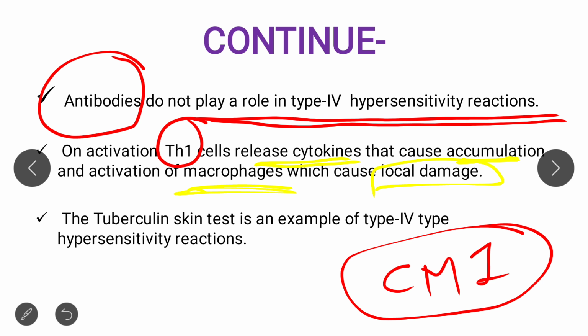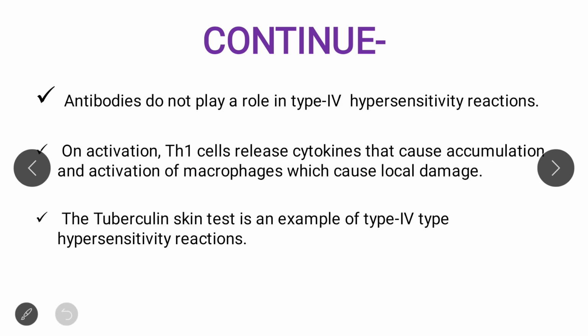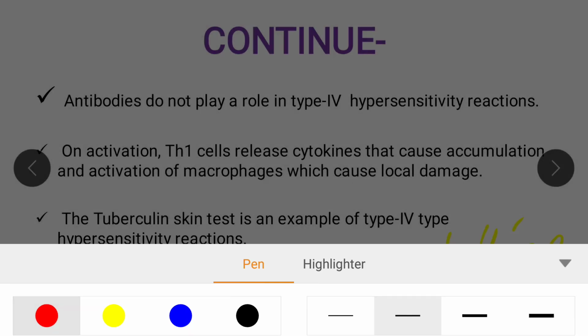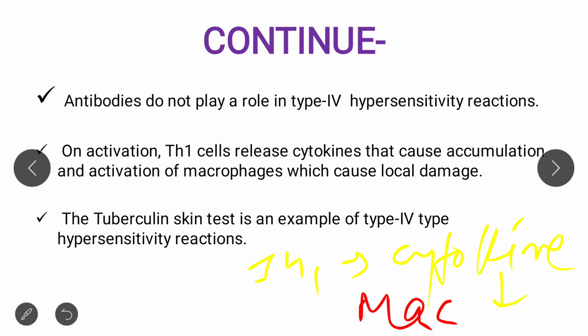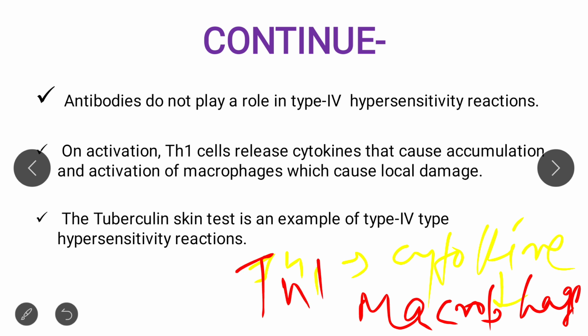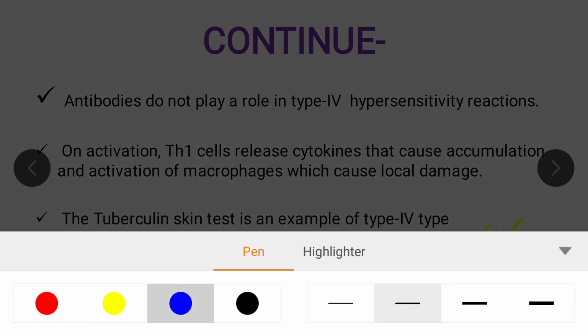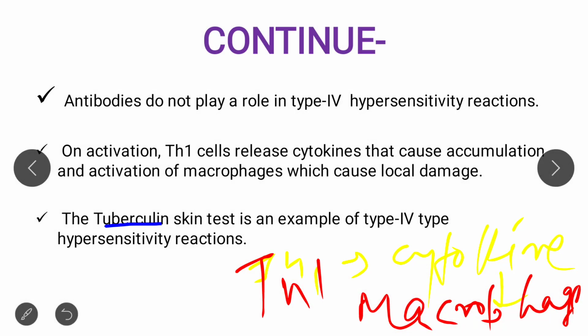It means TH1 releases cytokines, and cytokines activate macrophages, which cause local tissue damage. So this is the mechanism. Clear? Next, the best example of type 4 hypersensitivity is the tuberculin test.